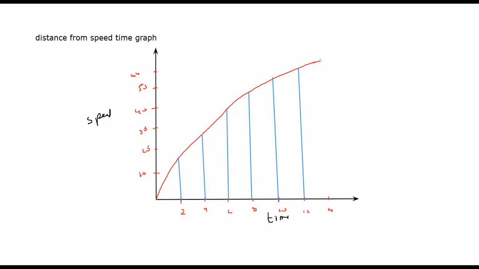So first we draw vertical lines, then we'll draw horizontal lines, and the horizontal lines should also be equally spaced. For example, if the first line I draw is at 10, then the second line I will draw at 20, and this one at 30.